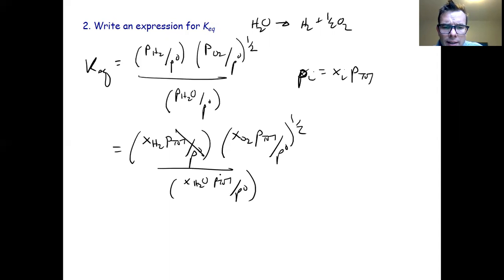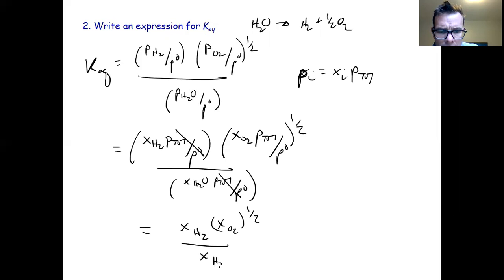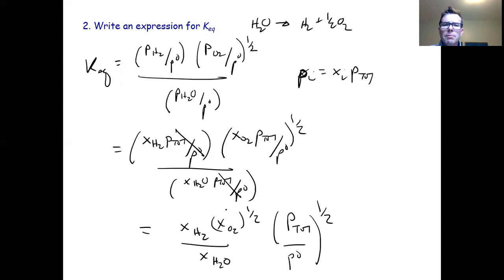Simplify, this will cancel, and I'm left with an expression that looks like this: XH2 XO2 raised to the 1/2 over XH2O, times P tot over P standard all to the 1/2.